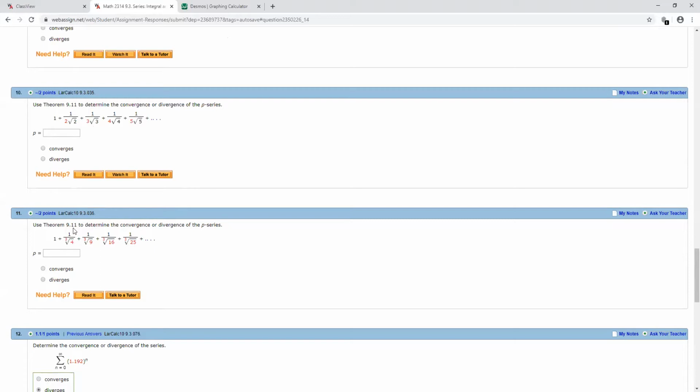So we have the terms of the sequence. And of course they have them added, which means they want us to analyze what happens when you add all these terms of the sequence up forever. Does it converge or diverge?